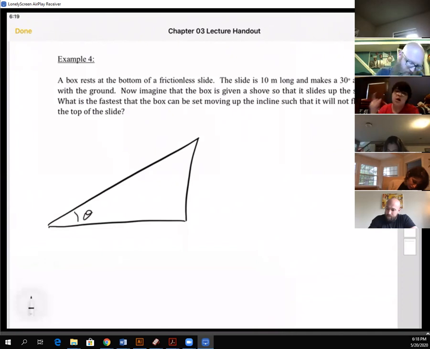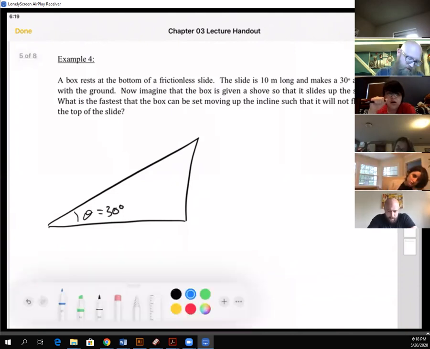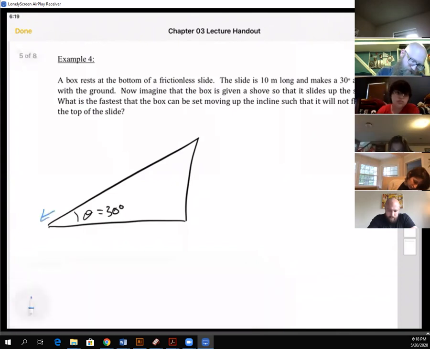The angle here is 30 degrees. The slide is 10 meters long, and I intend for that to be the ramp length.